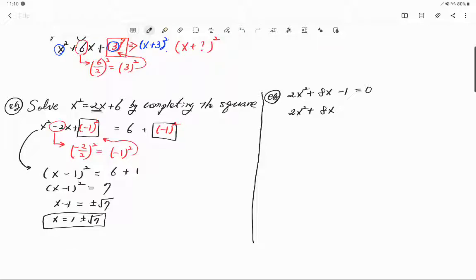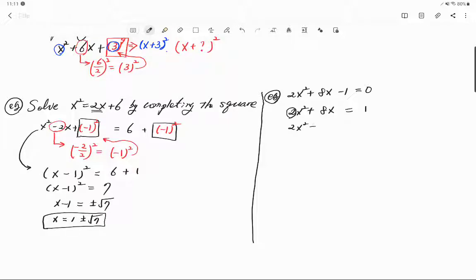Now, in order to complete the square, always the coefficient of the x squared term must be 1. So we're going to divide each side by 2.